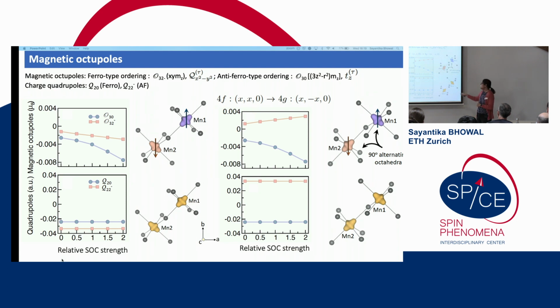Now, I just want to point out that making this change does not change the Q20 quadrupole moment, and accordingly we don't see any changes in the O30 octupole moment. So we see that at least the sign of the magnetic octupole moments can be controlled by manipulating the fluorine environment, which is quantified by this Q22 minus quadrupole moment.